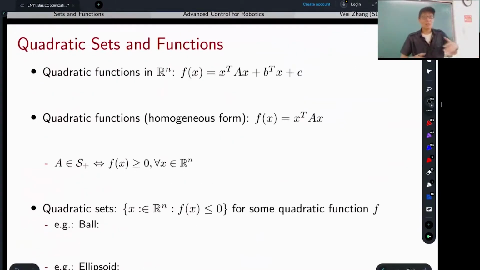Now let's take one more step, which is a quadratic set and quadratic functions. What are quadratic functions? Let's say I have f(x). Maybe in your undergraduate class, you will write all the elements out.